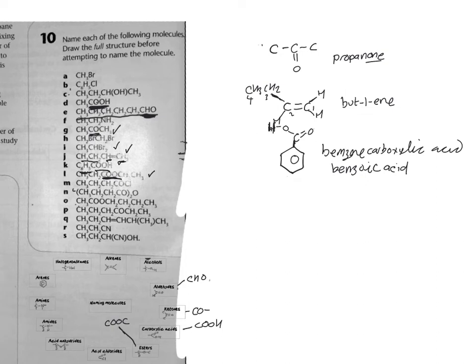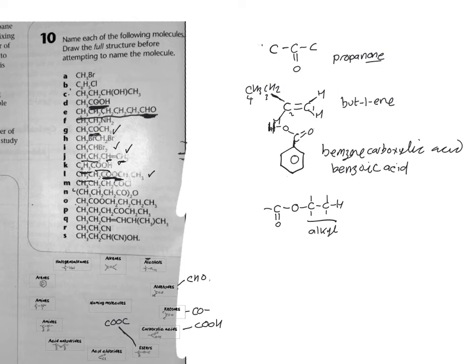And if we draw out the full structure of the ester in L, again when you see an ester, draw the functional group skeleton first, so it's a C double bond O, O, and then put the rest of the molecule around it. So on this side it's O, CH2, CH3. And this part here comes from the alcohol, so that's the alkyl part of the ester.